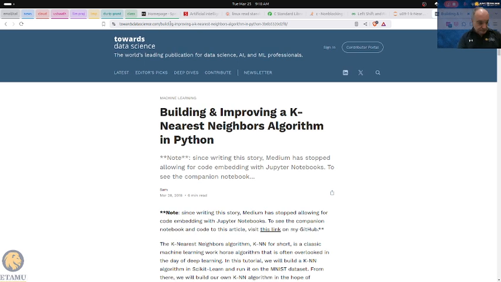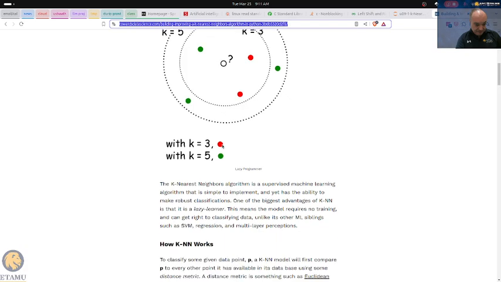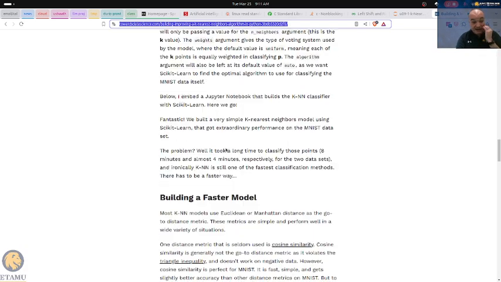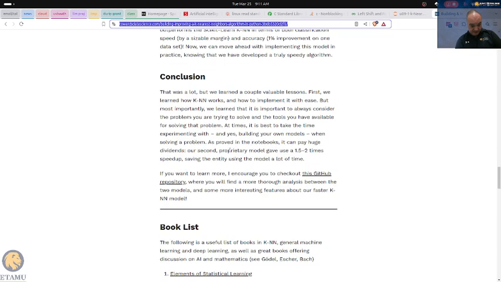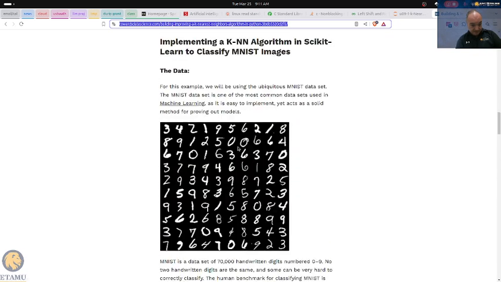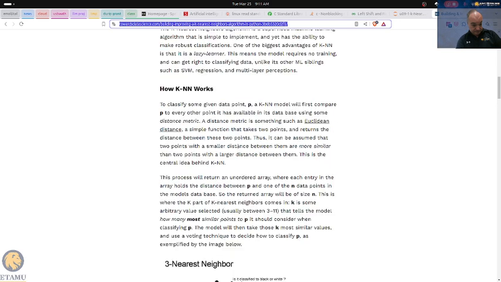I'll fix those in there. If you're watching this, these are good. This one probably does show implementing KNN by hand. This particular one here, maybe not.